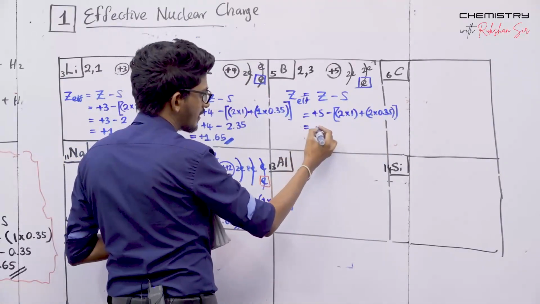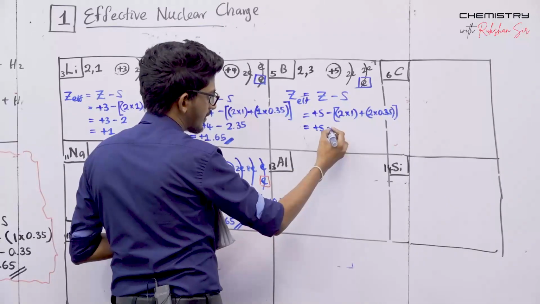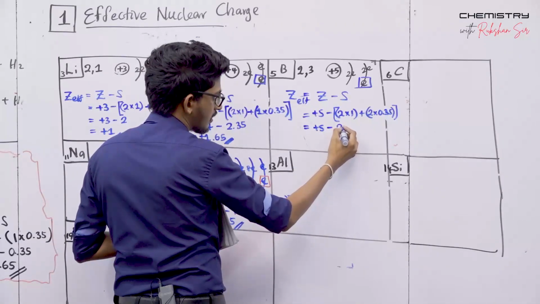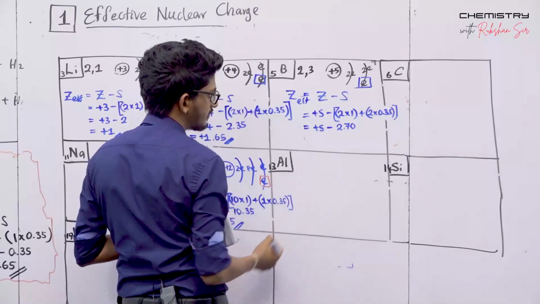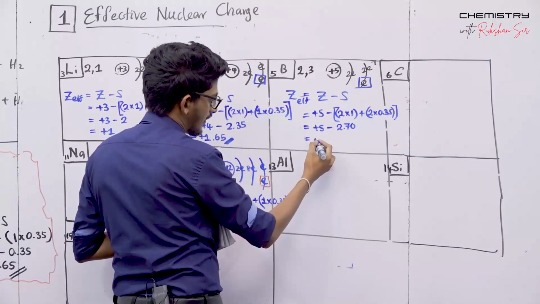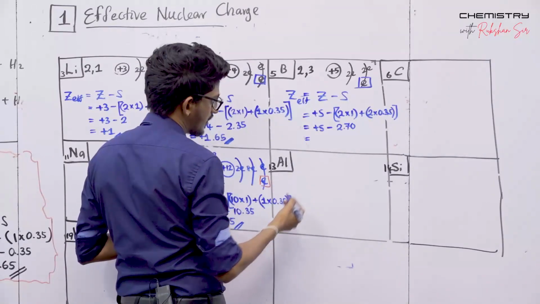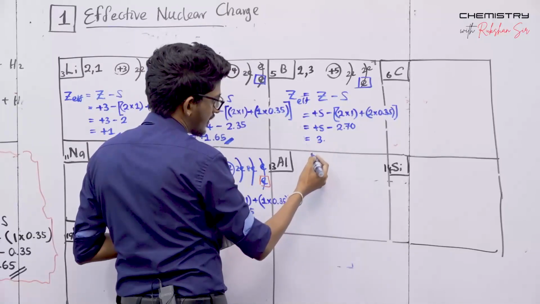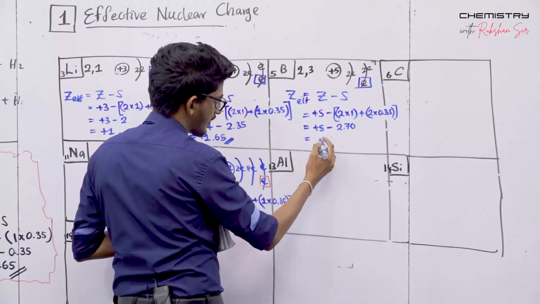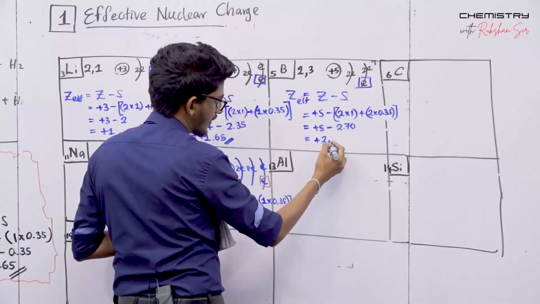So you will come up with plus 5 minus 2.7, which will give you plus 2.30.